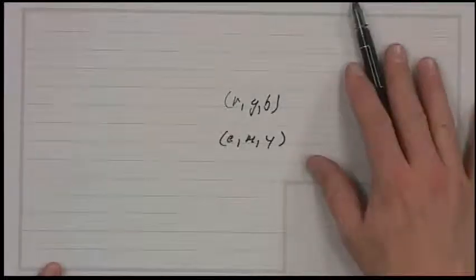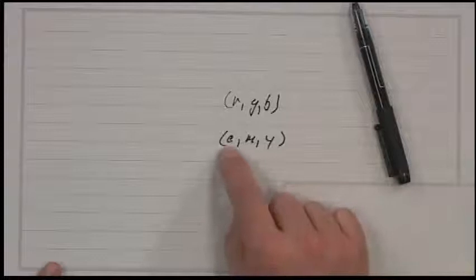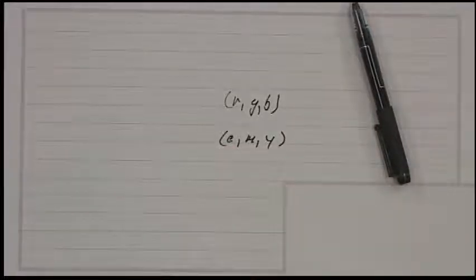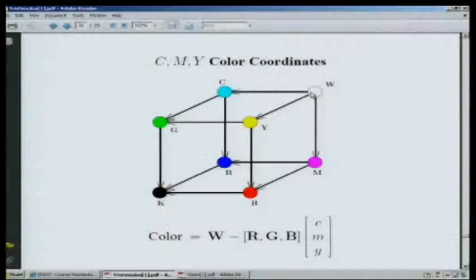Okay, and then in that coordinate system, if we switch back to the computer, the cyan is produced by subtracting red from the white. And the magenta is produced by subtracting green from the white. And then yellow is produced by subtracting blue from the white. And then if we subtract all the colors from white, we get black.